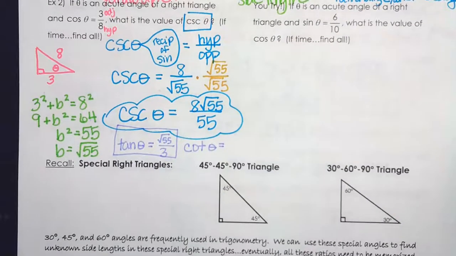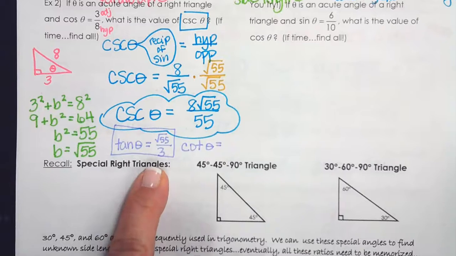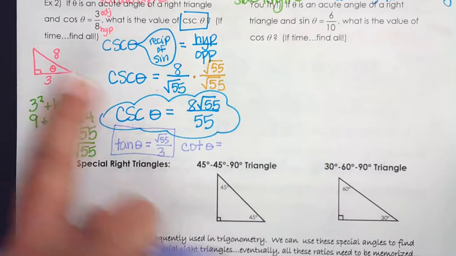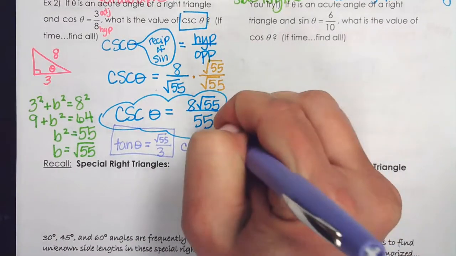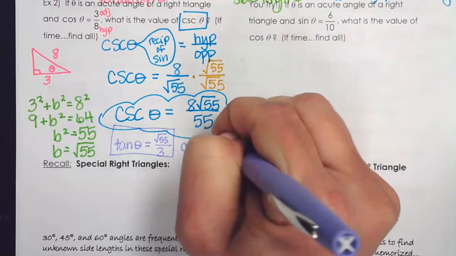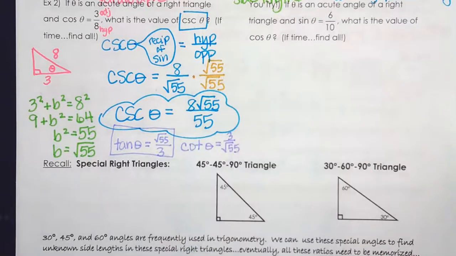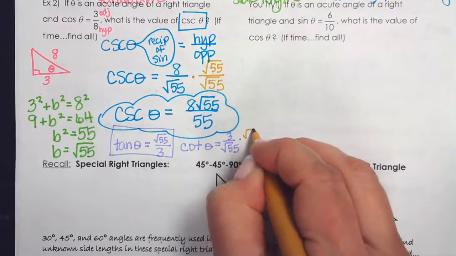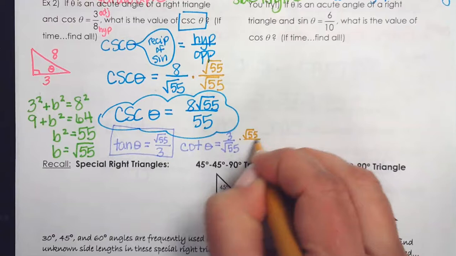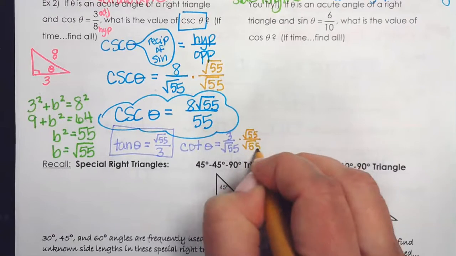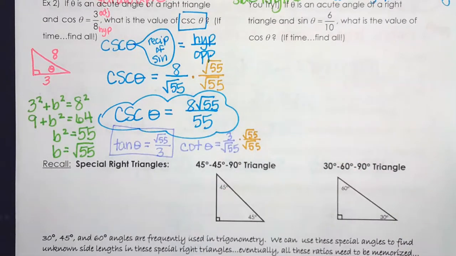The cotangent of theta is the reciprocal of the tangent, or is the adjacent over the opposite. Could I leave my answer like that for cotangent? No. I would need to rationalize this and multiply by root 55 over root 55.